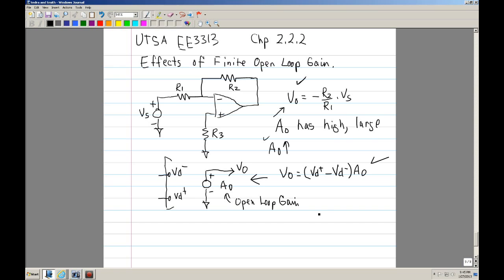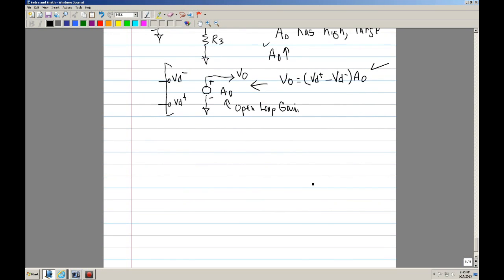Keep that in mind. I call this the op-amp model. This is the simplest model that you can use to model an op-amp. As a matter of fact, you can use this model and put in a capacitor to simulate bandwidth.